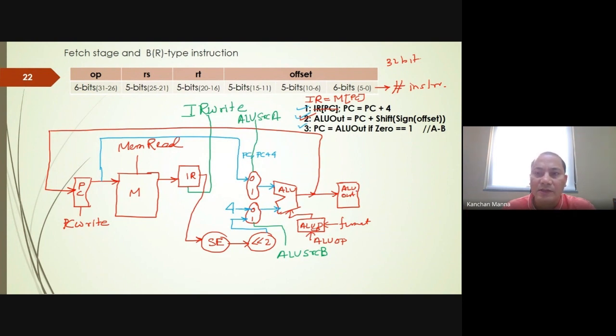Now in the next step, we have to perform the comparison. To perform the comparison, we have to bring the RS register content and RT register content into the ALU. So we need a register file here.